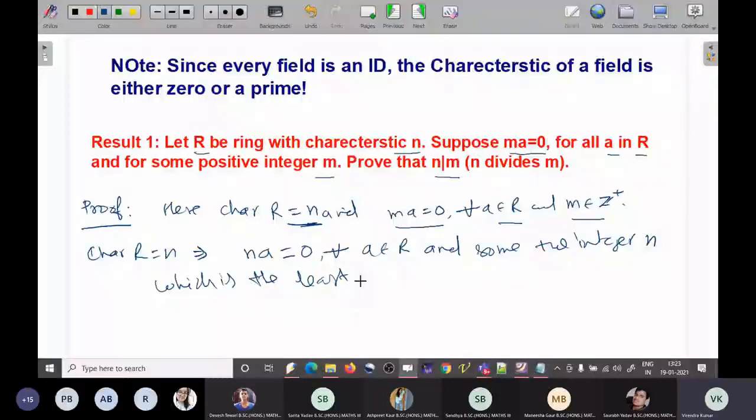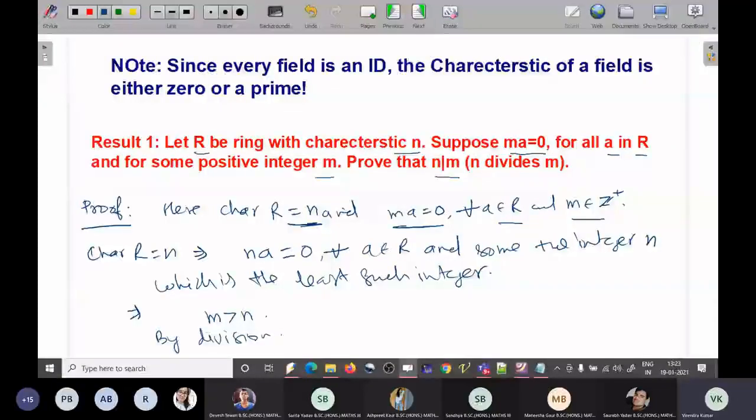So now by the division algorithm, we can write m equals n times q plus r, where r is the remainder when m is divided by n, and q is the quotient.